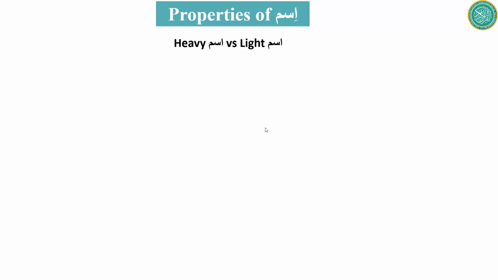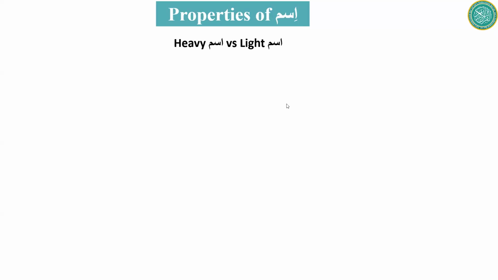And how about the rest of the words? The dual, Muslimani, Muslimaini, they're also heavy because they end with noon. My question was, let me repeat it: all the words in the Muslim chart, are they heavy or light? They're all heavy. That's what I wanted.